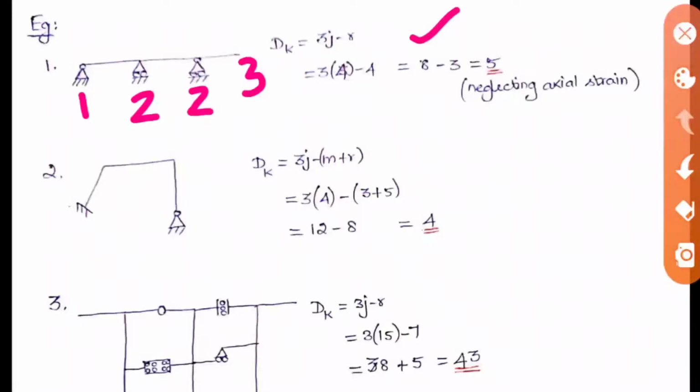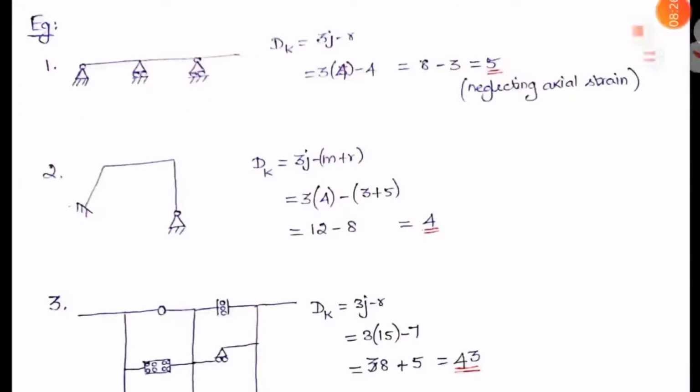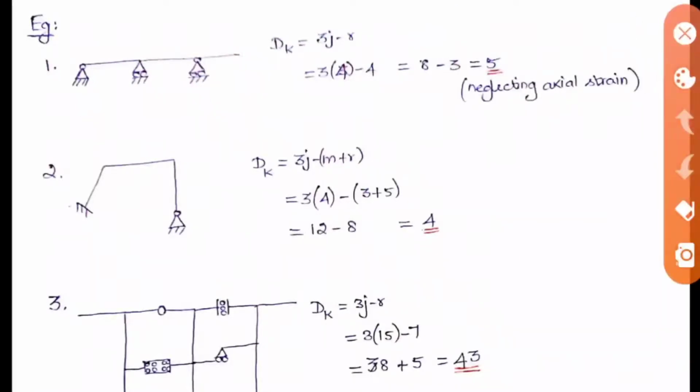Now the second example, a frame is given and here also the same formula applies. I have done it neglecting the axial strain just to show the formula. So 3j minus m minus r. The joints are 1 and 2 here, the rigid joints, and these two should also be considered as joints.